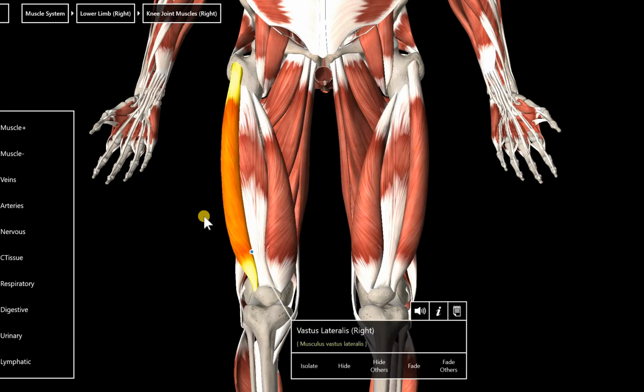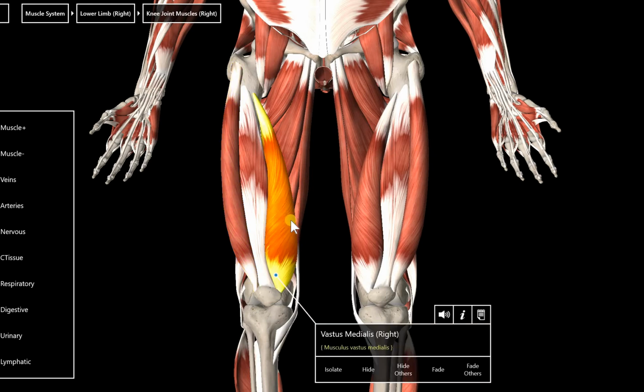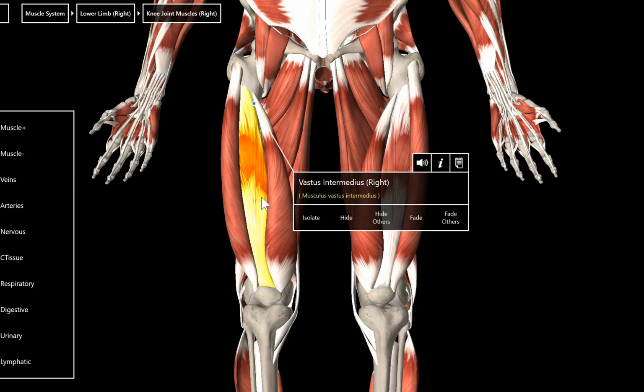This is the outside part of this person, so the lateral side, so that's the vastus lateralis. You have the inside part of the person, or the medial side, so the vastus medialis, and then in between the 2 muscles, so therefore the vastus intermedius.